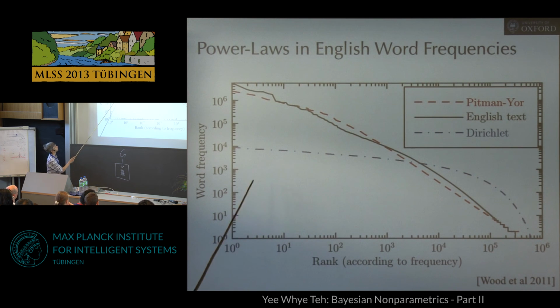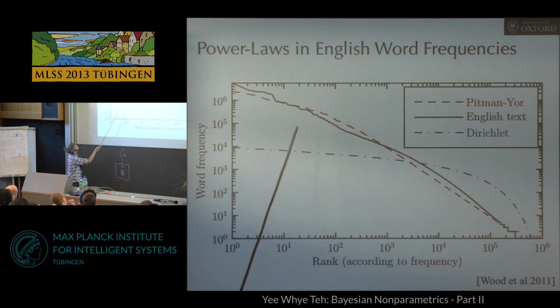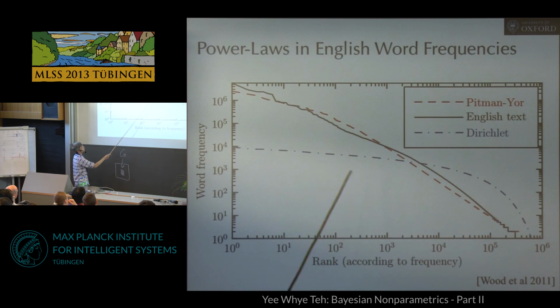In this case, we're taking each word and plotting its frequency versus its rank according to frequency. The black line is the empirical data, which is pretty much a straight line. The red line is the Pitman-Yor process, which is the best fit. The best-fit Dirichlet is not as good as the Pitman-Yor.